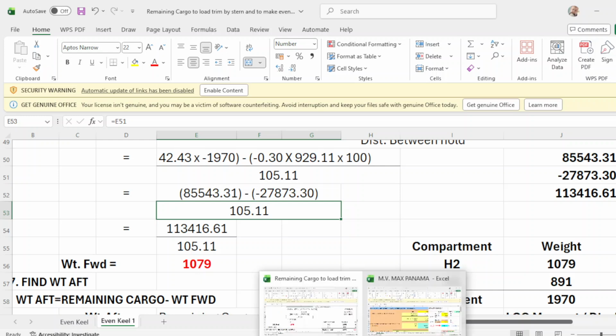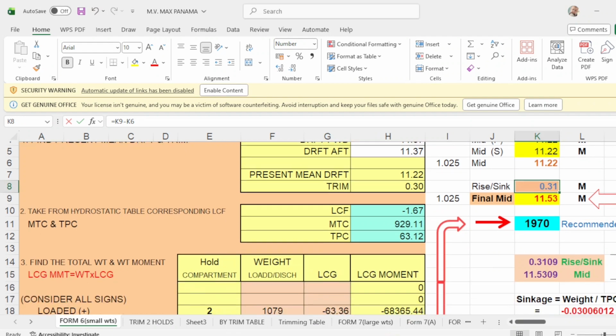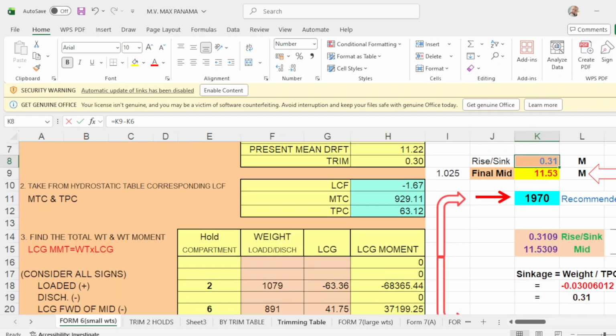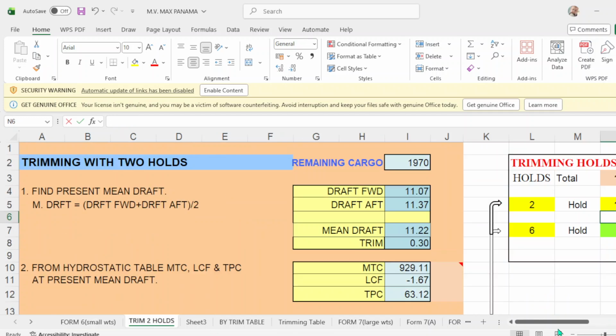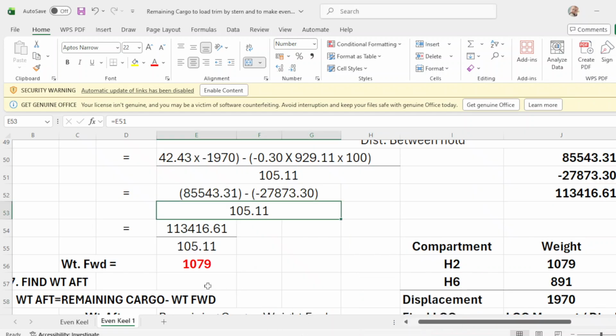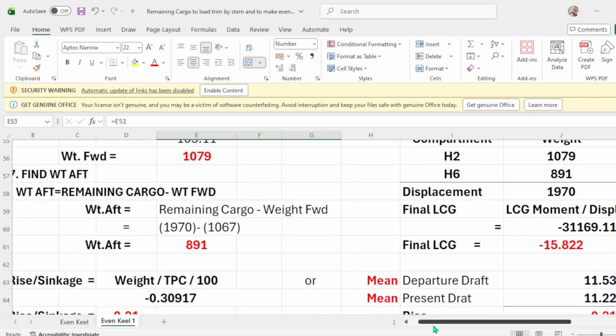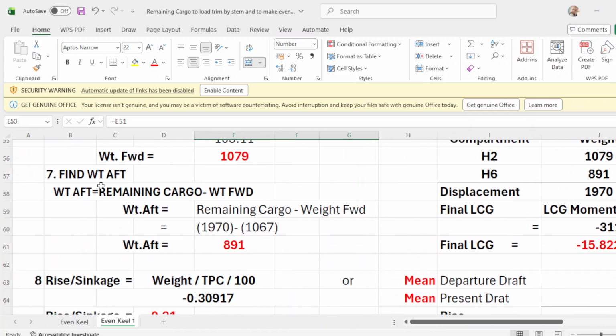How much do you have here? 1079. Okay, you have 1079 on hold number 2, so forward is 1079. Manual forward is 1079, and to find weight up, it is remaining cargo minus your forward weight.